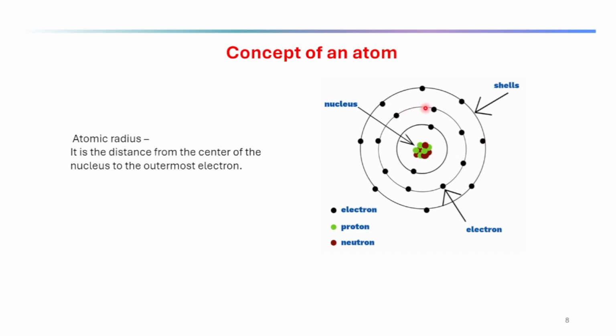So in some special cases, these orbits get more compressed. For example, see, this will feel some attraction toward this side. Again, this electron, this lover, will also feel attraction towards the nucleus, right?